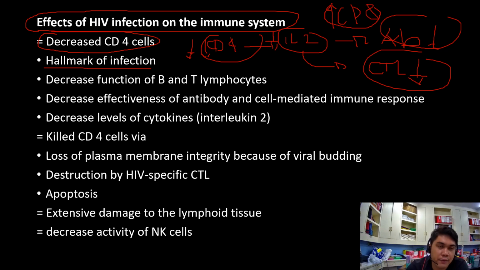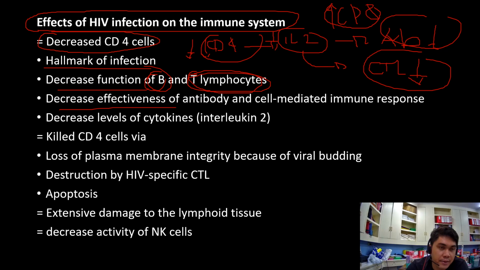Okay, so your immune system is not active anymore. It's because of the decrease in CD4 and increase in CD8. So if there's a decrease in CD4 cells, you have decreased function of B and T lymphocyte. So decreased antibody production and decreased activity of your cytotoxic T cell, or CTL.